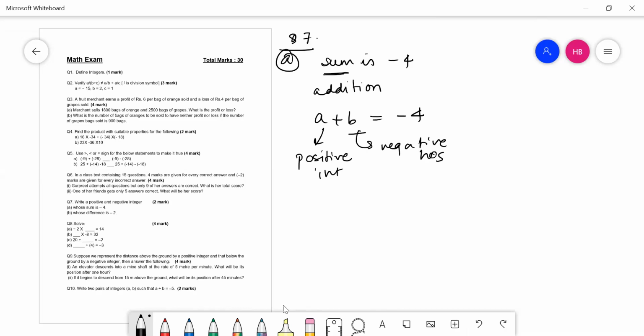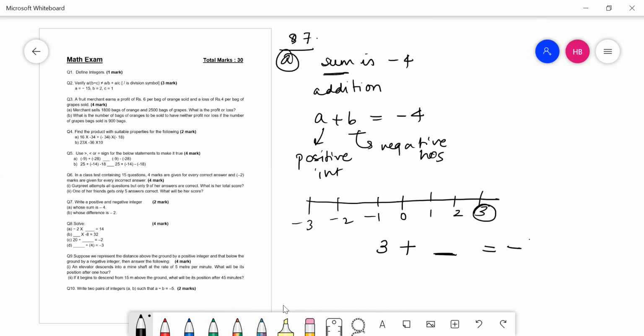Suppose I imagine this on a number line: 1, 2, 3, -1, -2, -3. Suppose I take my positive number as 3. What is the other number I should add so that I get -4 as the answer?